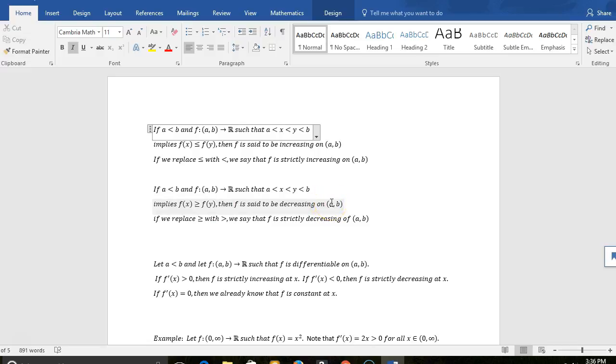For anybody on the open interval from a to b, as you go from a to b, f either falls or stays constant, because you've got this greater than or equal to here. If x is less than y, and they're between a and b, then f of x is greater than or equal to f of y. In other words, f of y is less than or equal to f of x. So you're either staying flat or you're going down.